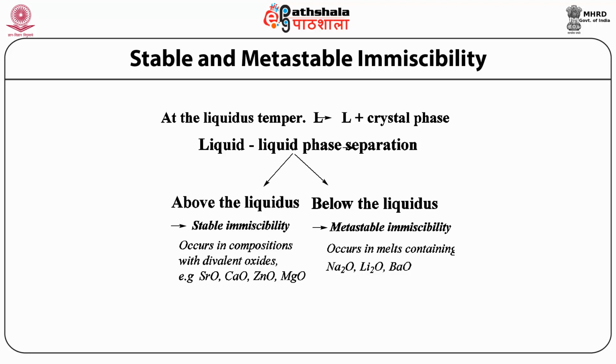Examples of systems in which stable immiscibility occurs are compositions containing divalent metal oxides, for example, strontium oxide, calcium oxide, iron oxide, zinc oxide, and magnesium oxide, while the subliquidus immiscibility is found in silicate melts containing Na2O, that is sodium oxide, Li2O, that is lithium oxide, and BaO, that is barium oxide.